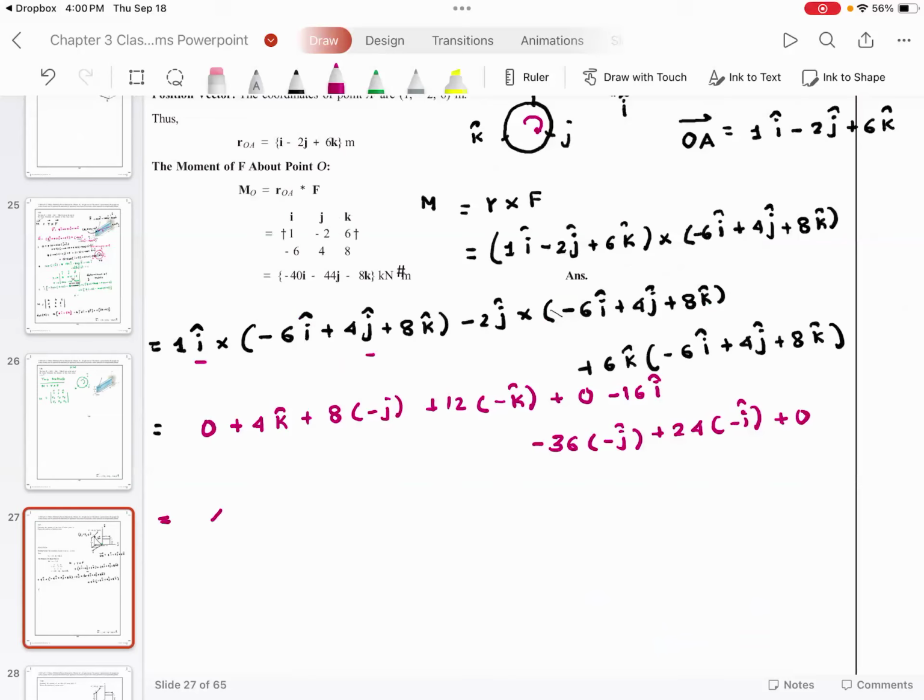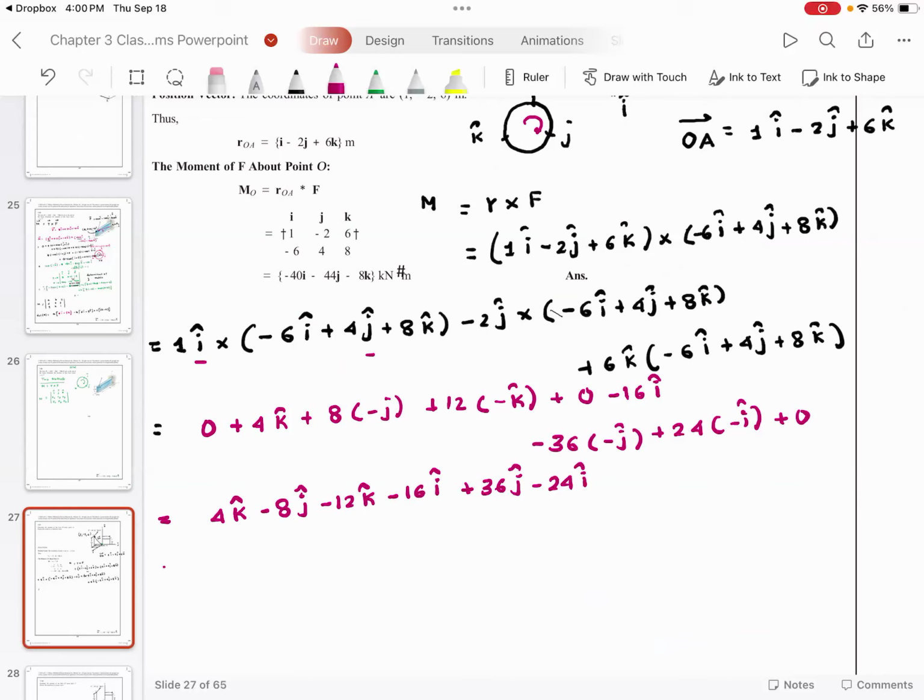I get 4K minus 8J minus 12K minus 16I plus 36J minus 24I.